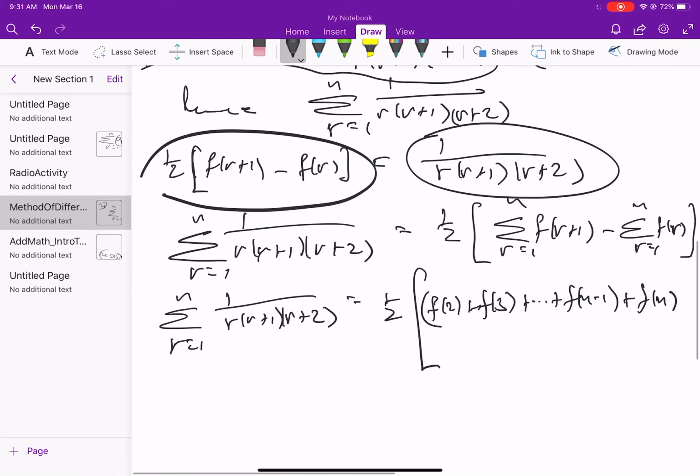All of that minus what you get when you plug into this sum, which would be f of 1 plus f of 2 plus f of 3 plus dot dot dot, and the last one would be f of n.